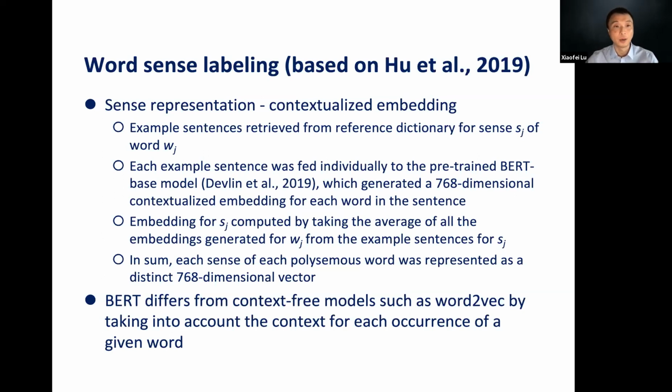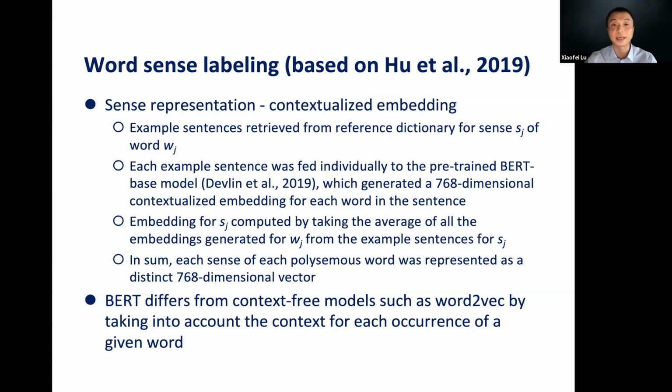We feed every sentence to it, and it generates an embedding for each word in that input sentence. Once we have processed all the training sentences for a particular sense, we compute an embedding for the sense by taking the average of all the embeddings generated for that word from the example sentences for that sense.